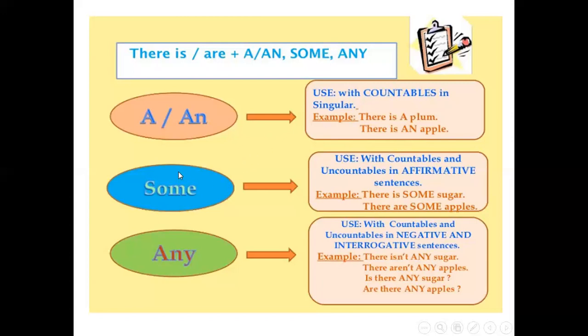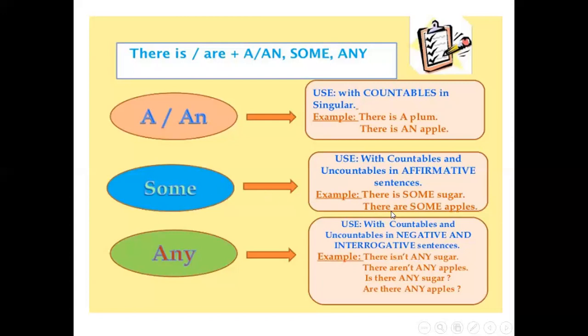So here I use some with what? I use some with countable and uncountable nouns in affirmative sentences, the affirmative sentences which don't contain not. For example, there is some sugar. Sugar here is uncountable, so I use some before the uncountable noun sugar.